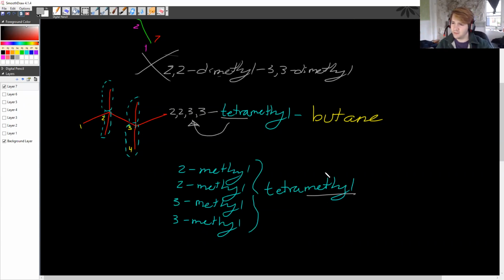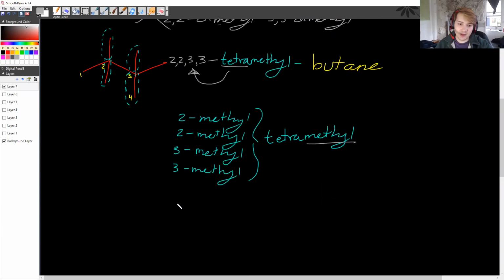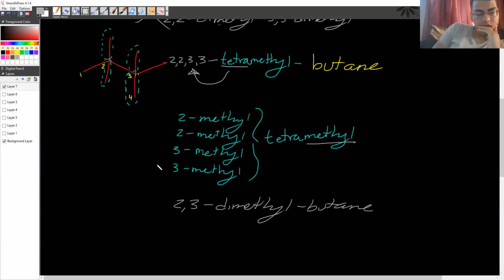Does that make sense? Why isn't it like 2,3-dimethylbutane? Good question. So his question is saying, why isn't it 2,3-dimethylbutane? The reason is because this multiplier is saying that we have 2 methyl groups, right?